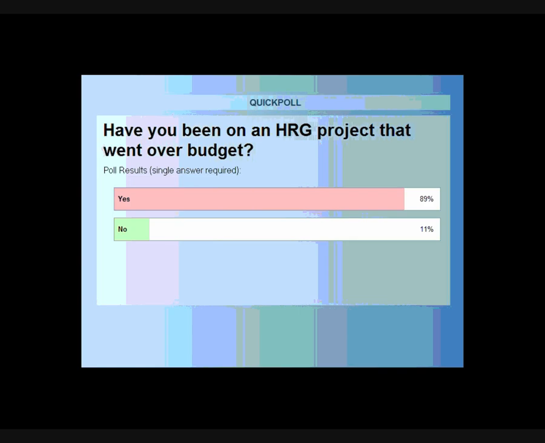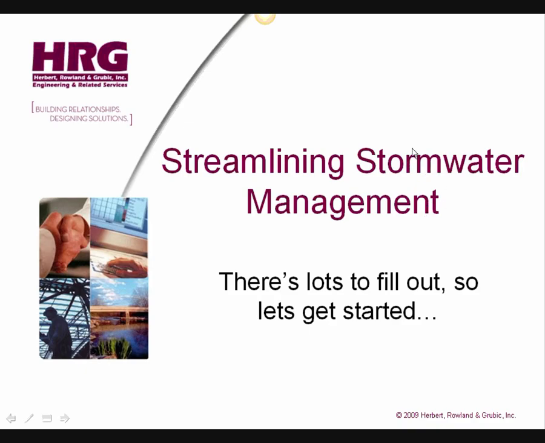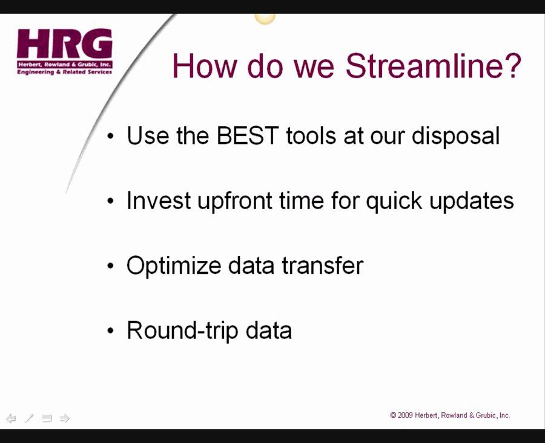Let me close that poll. All right, so let me just go through this. How do we streamline stormwater management? Well, we're going to use the best tools at our disposal. We're going to invest some upfront time for quick updates.